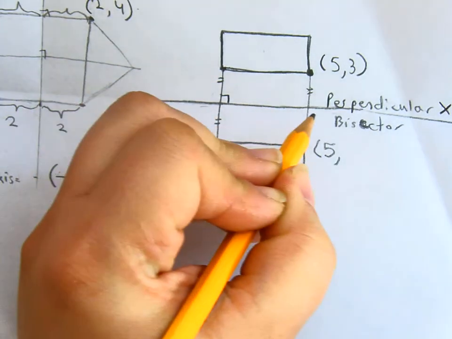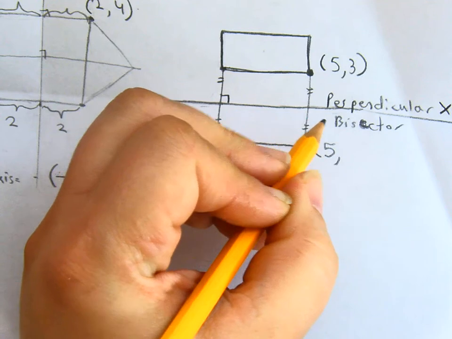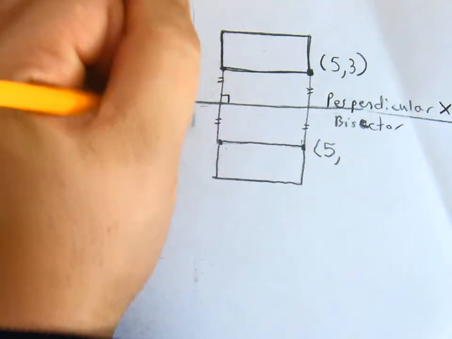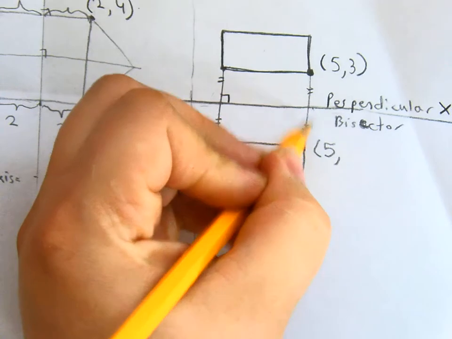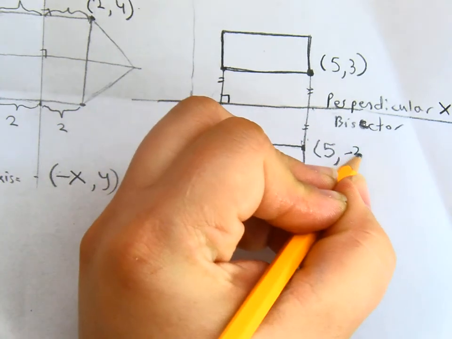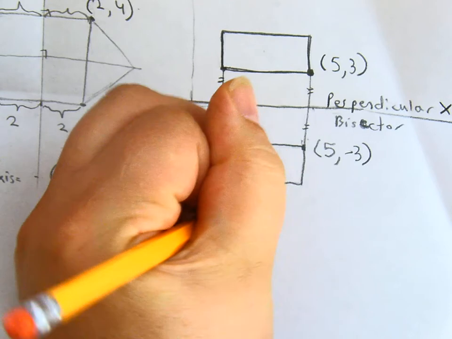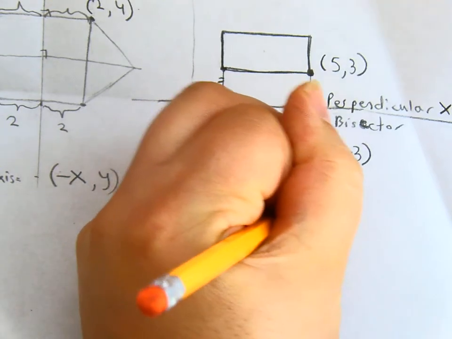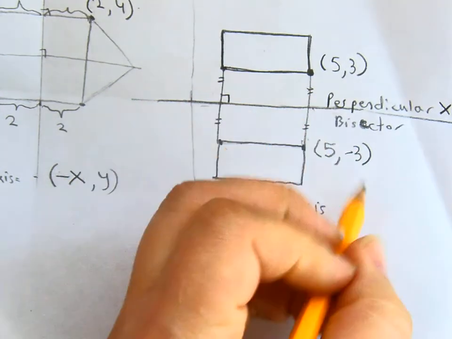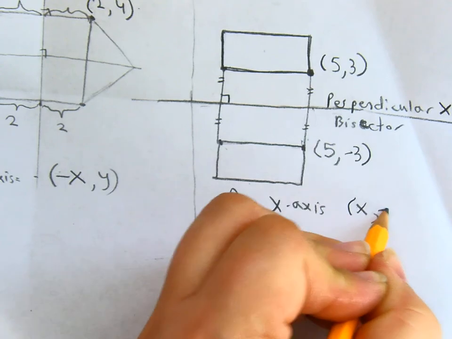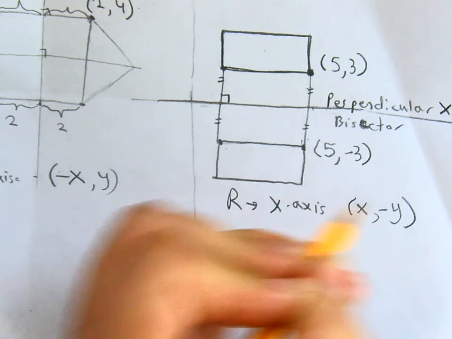So I'm still going to travel the same amount for my x, but now my y has gone from a positive y to the same distance of a negative y. So a reflection across the x-axis has an x comma negative y.